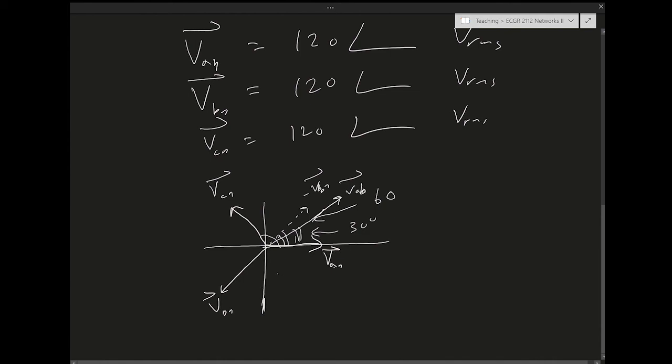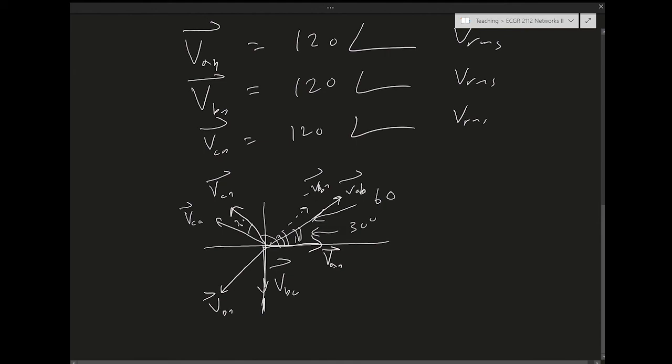From symmetry, the same follows for VBC. So VBN is behind VBC by 30 degrees, and so forth, and for VCN. So VCN is going to be behind VCA by 30 degrees too.